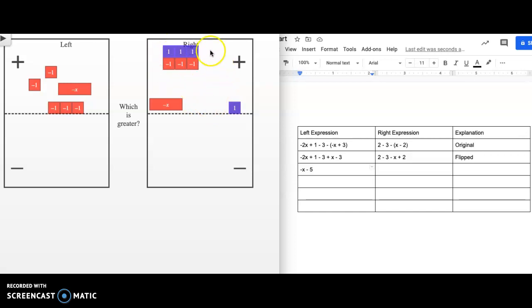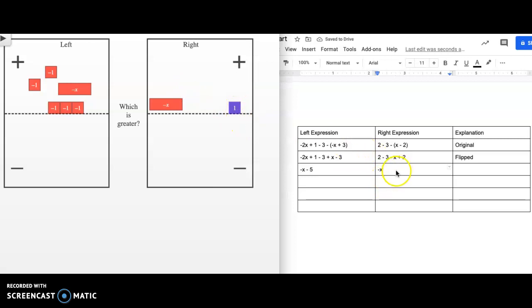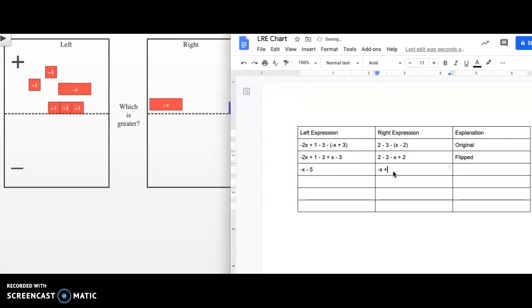So positive 3 and negative 3 makes 0. So I'm going to remove those. And so I'm left with a negative x. All right, and what am I left with for my 1's? A positive 1. When I look at this, 2 minus 3 is negative 1, and then negative 1 plus 2 gives me that 1 that I have left on my mat.